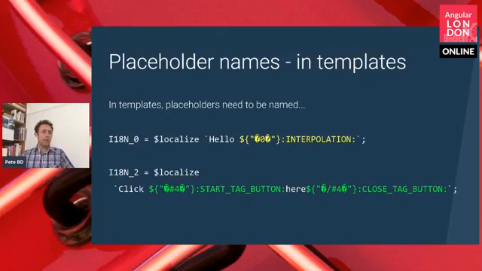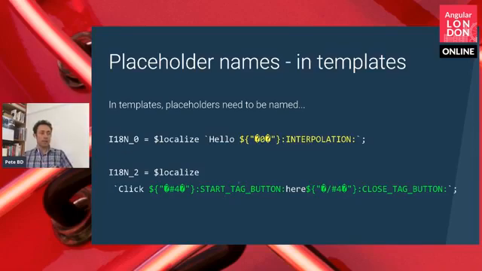What you can see here is that we have a special syntax: if you have a colon-delimited block directly after a placeholder, then this is a name that gets associated with that marker. So this marker has the name interpolation. This marker has the name start tag button, and the last marker has the close tag button.